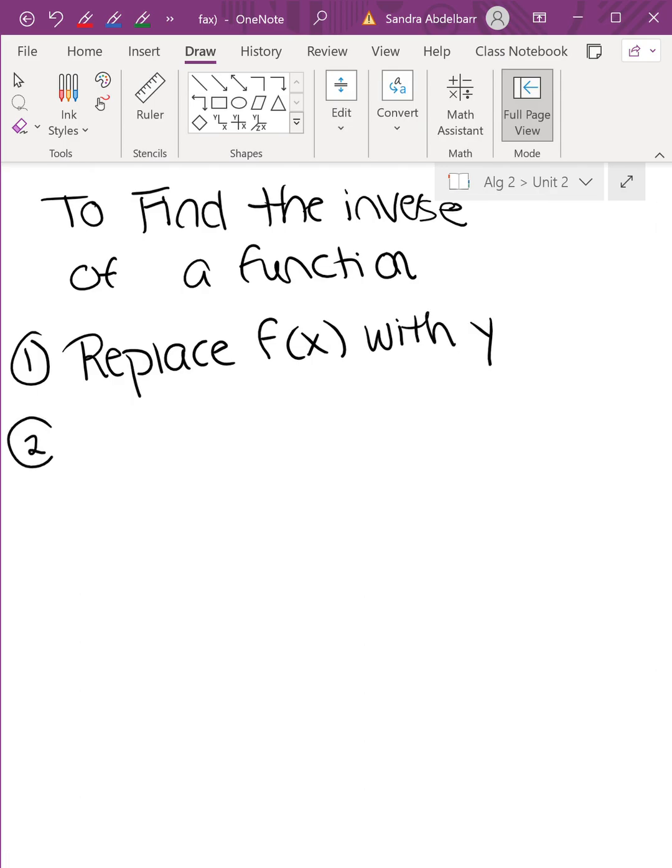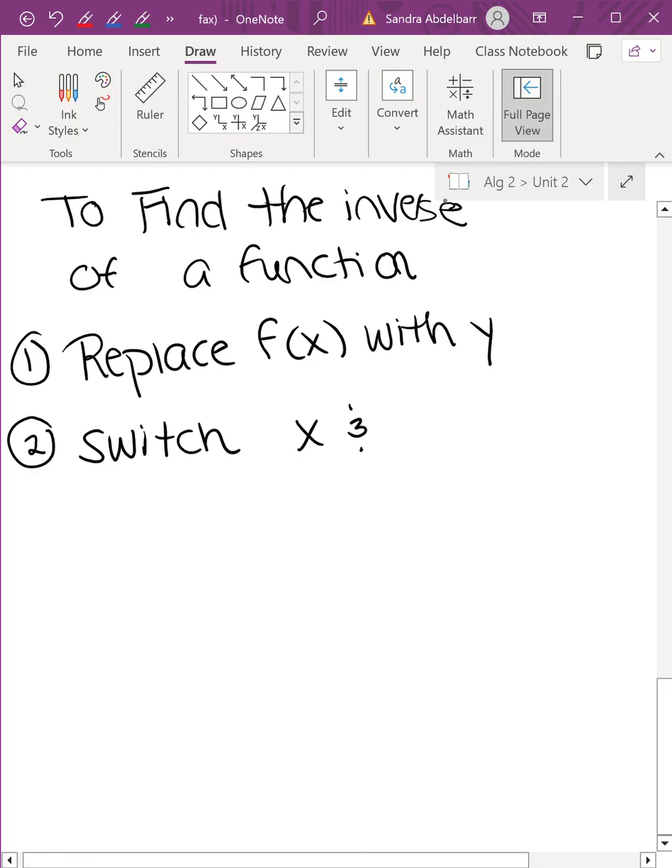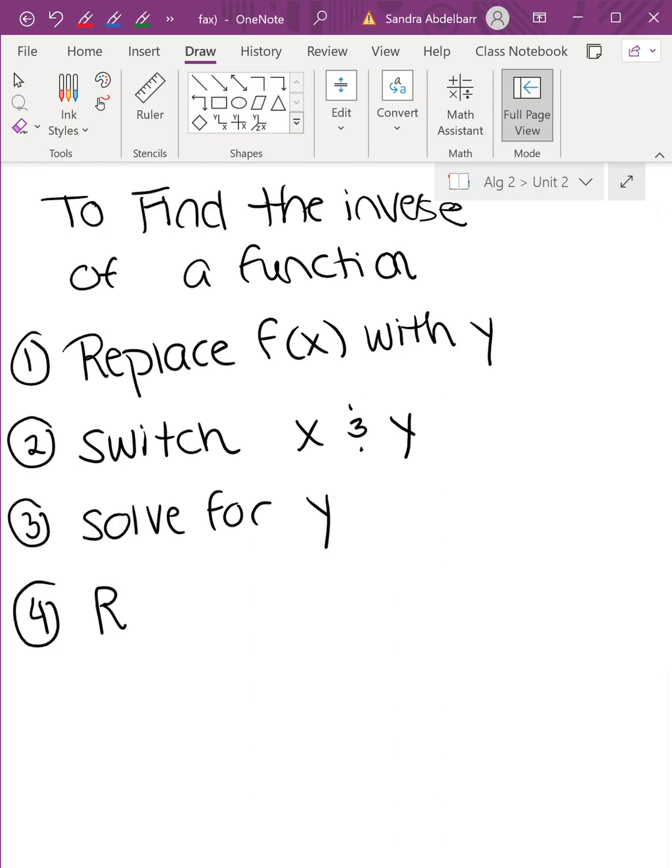Then we want to switch x and y, solve for y, and then lastly, replace y with the inverse function.